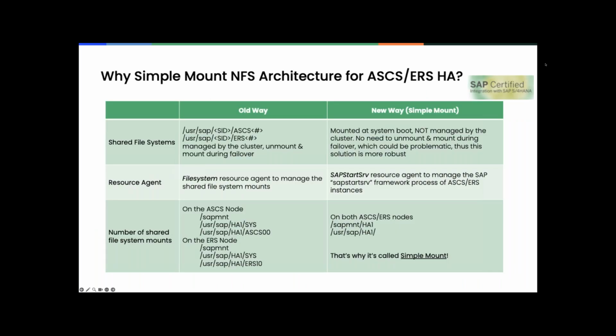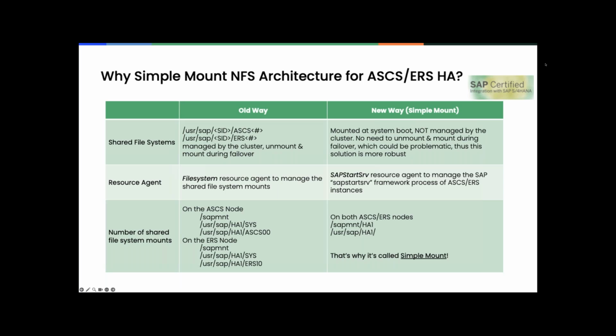We call it simple mount, where we have a new resource agent called SAPStartSrv. And that resource agent is in charge of failing over the cluster software. The way it works is the shared file systems are now mounted on both cluster nodes at system boot. So during a failover, the SAPStartSrv resource agent, all it has to do is switch over to the secondary node.